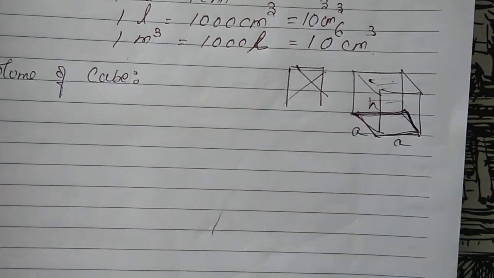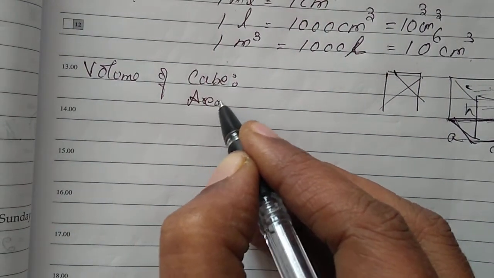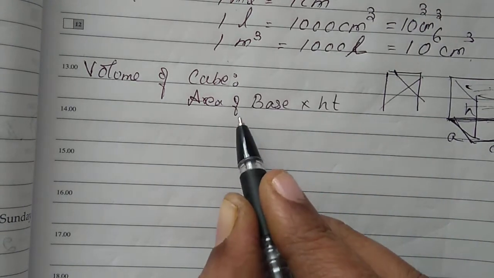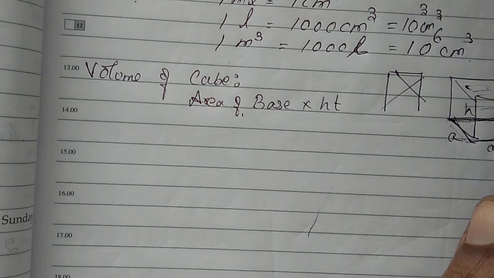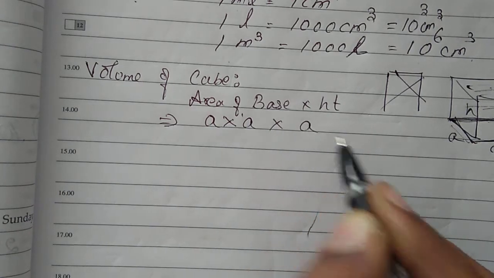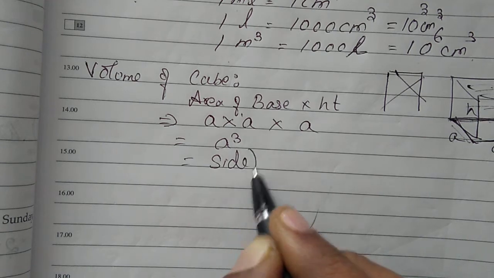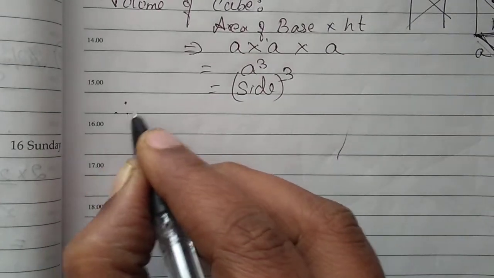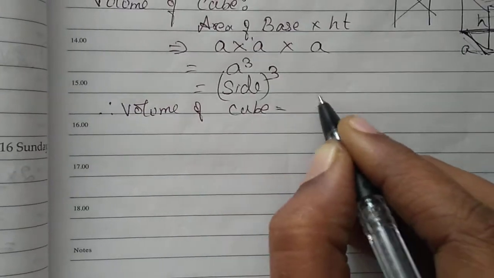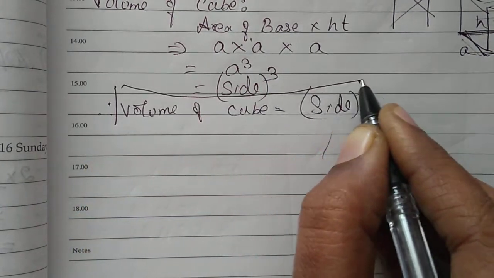So volume of cube is area of base into height. Area of base is what shape? Both the length and breadth are equal. So we say A into A, which is A cube, or rather side cube. So we write volume of cube is equal to side to the power of 3, that is multiplying side 3 times.